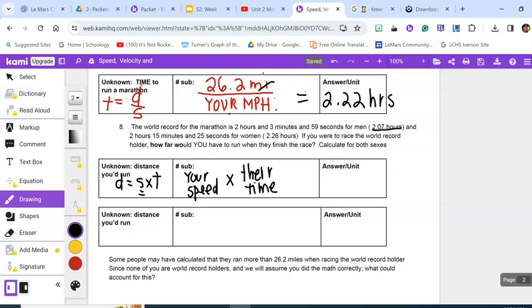So one would be times 2.07, and another would be 2.26. Now, Tolson, what do you get? Give me one. So you would run 25.5 miles and they would be done. Okay. What was the other one?